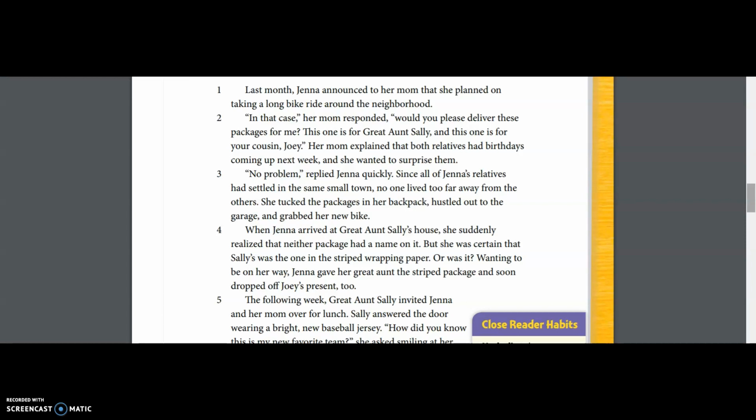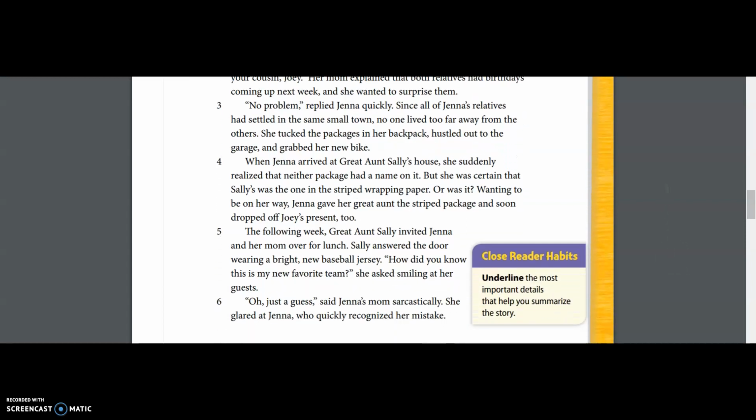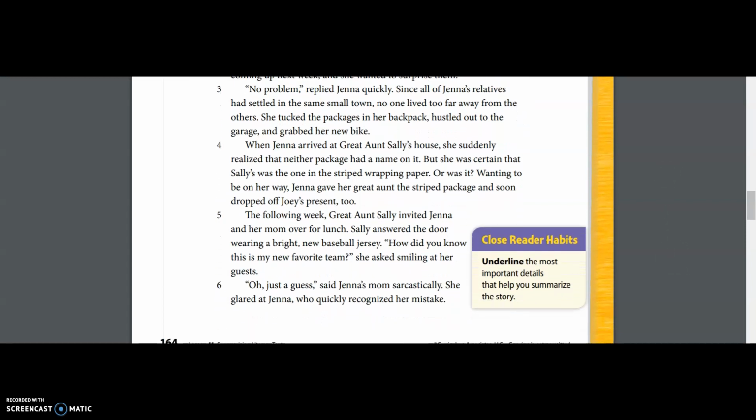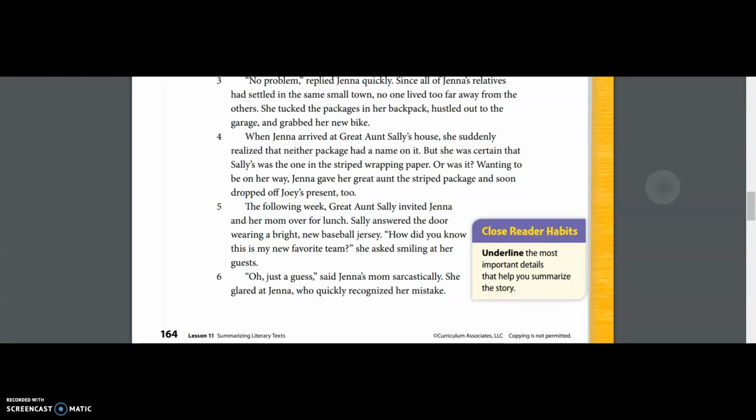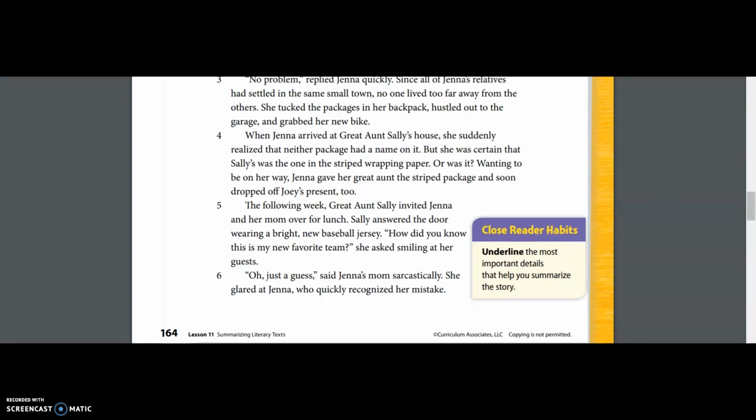Her mom explained that both relatives had birthdays coming up next week, and she wanted to surprise them. No problem, replied Jenna quickly. Since all of Jenna's relatives had settled in the same small town, no one lived too far away from the others. She tucked the packages in her backpack, hustled out to the garage, and grabbed her new bike.